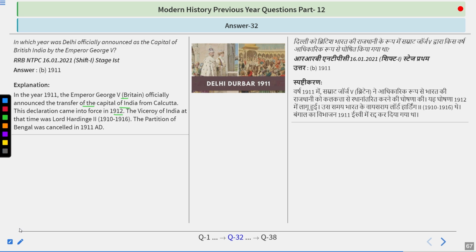And for that purpose, George V also came. The Calcutta session of Congress was organized, and Jana Gana Mana was sung for the first time. George V announced the capital of India to be changed to Delhi, and also announced that the partition of Bengal was being abolished.